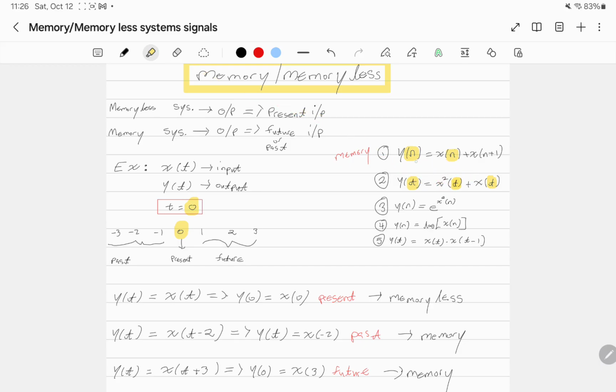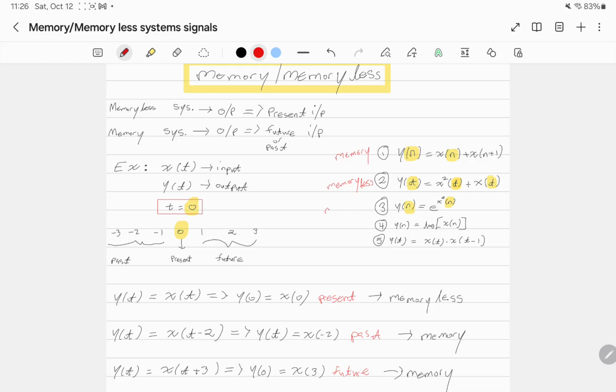Since t is 0, it doesn't change, so it is memoryless. And for the next one, we plug in 0 for our present value, for our example from before, and we'll get 0 back. So this system is memoryless.